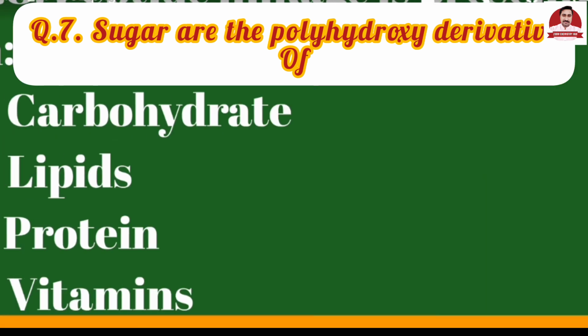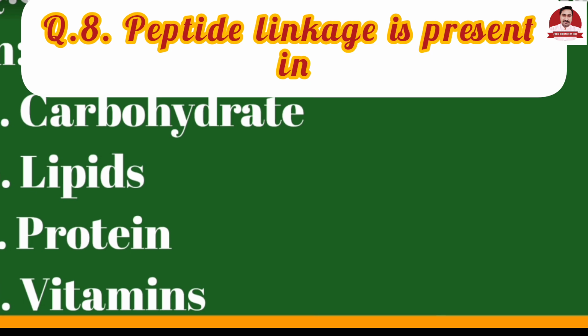Next question, question number 8. Peptide linkage is present in option A carbohydrates, option B lipids, option C protein, and option D vitamins. So the peptide linkage is present in the protein.